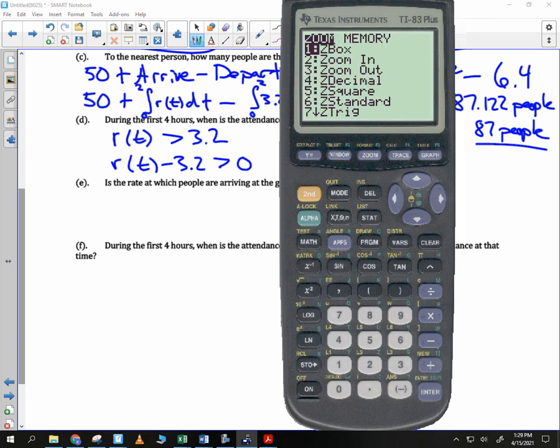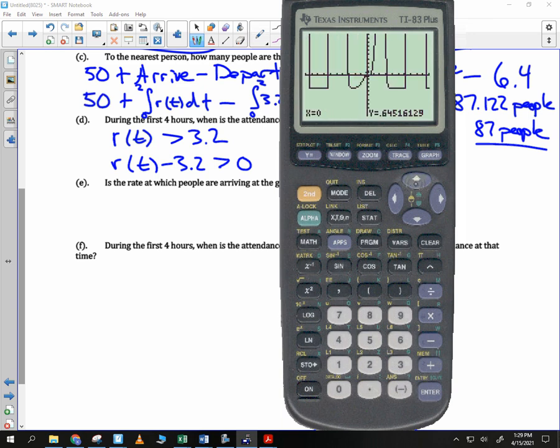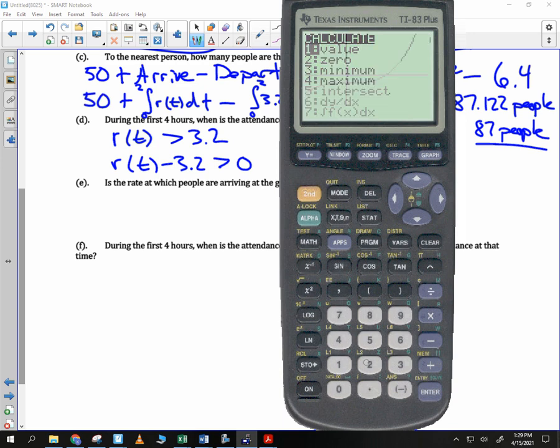So I'm going to zoom in as a box. I'm going to try to find that spot right there, see what's going on. Oh, so it's definitely below the x-axis there, right? So that means that there are more people leaving than there are arriving right away. And then here, there are more people arriving than departing. So how am I going to find that spot? So I can calculate 0. Enter.